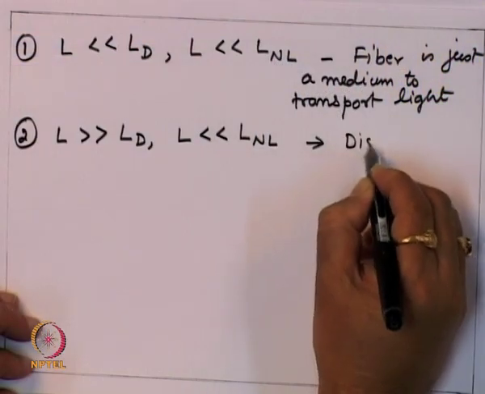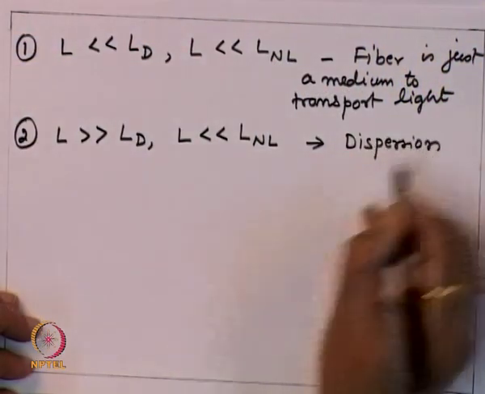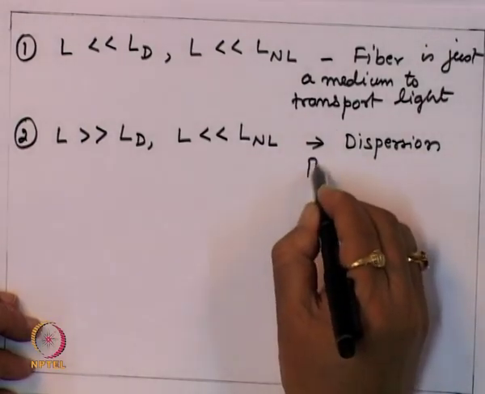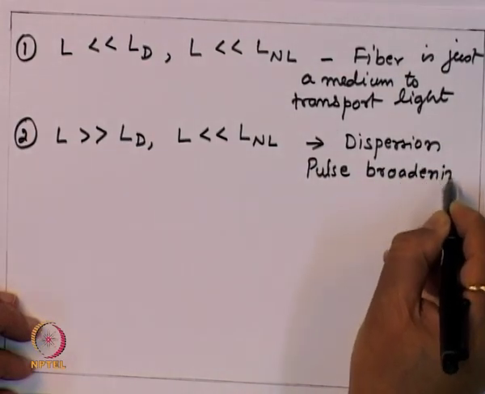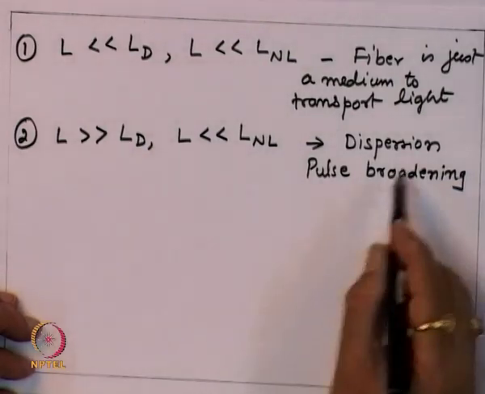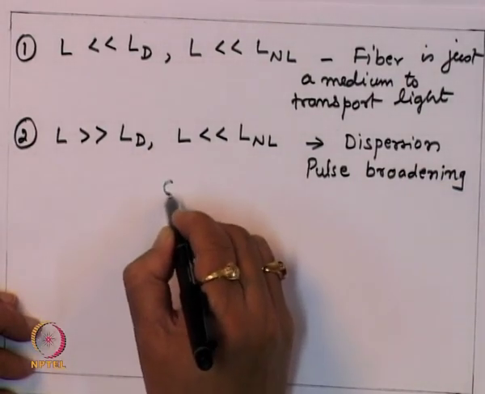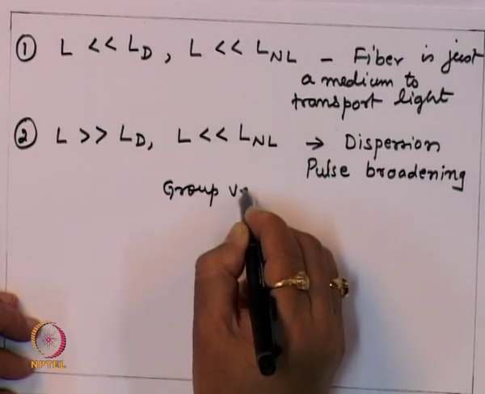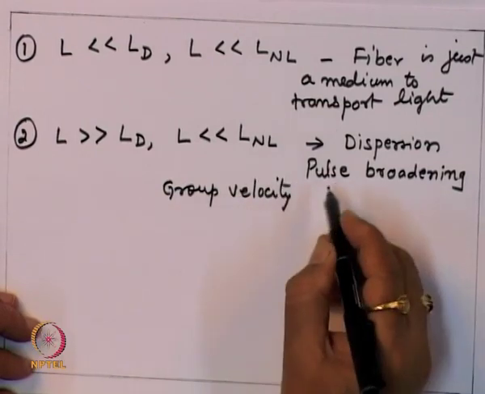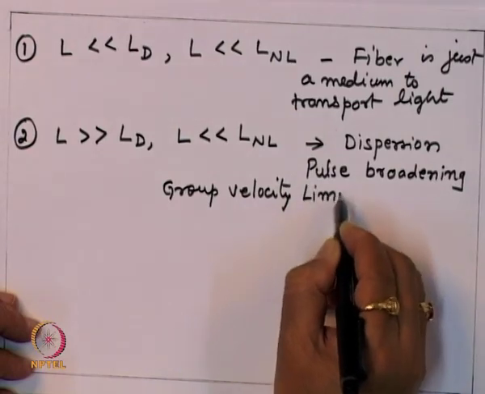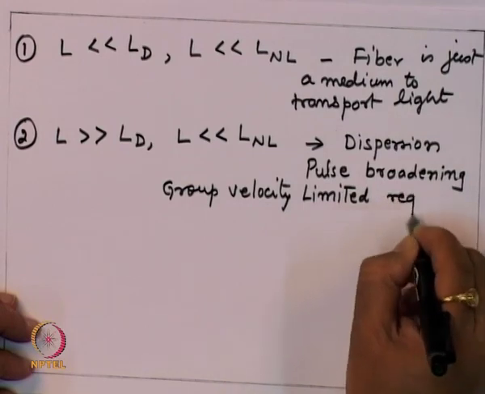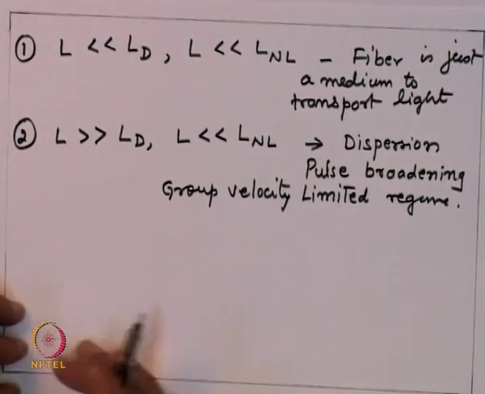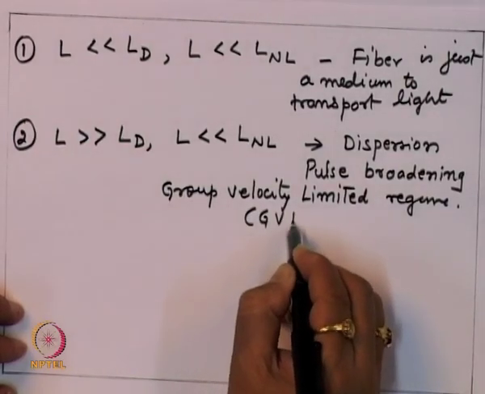So, in this case you will see dispersion of the pulse or pulse broadening, and this regime we call the group velocity dispersion limited regime, or GVD limited regime.